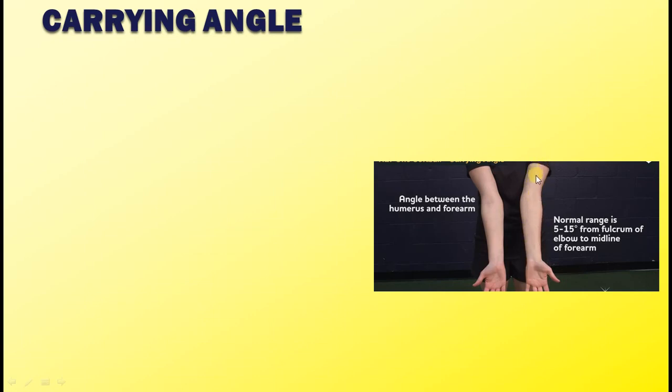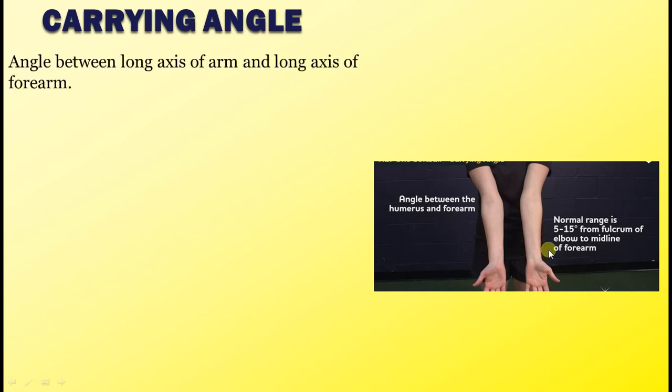They form an angle, and the angle is open laterally. Okay, the angle is open laterally and it is an obtuse angle. That is actually called the carrying angle. So it is the angle between the long axis of the arm and the long axis of the forearm.